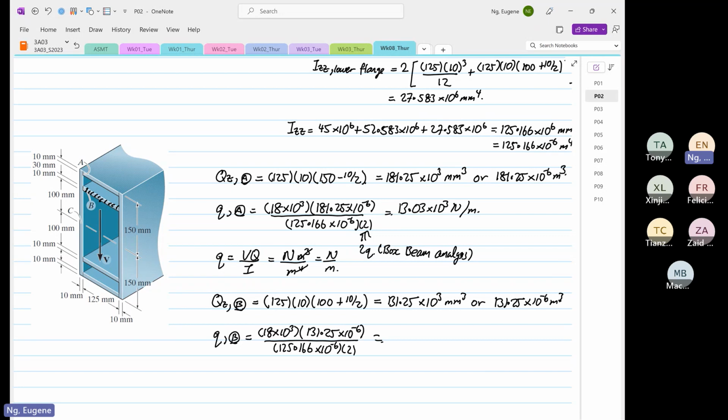Okay, so 18 to the power 3 times 131.25 to the power minus 6 divided by 125.166 to the power minus 6 divided by 2. So it's 9.437 times 10 to the power 3 Newton per meter.